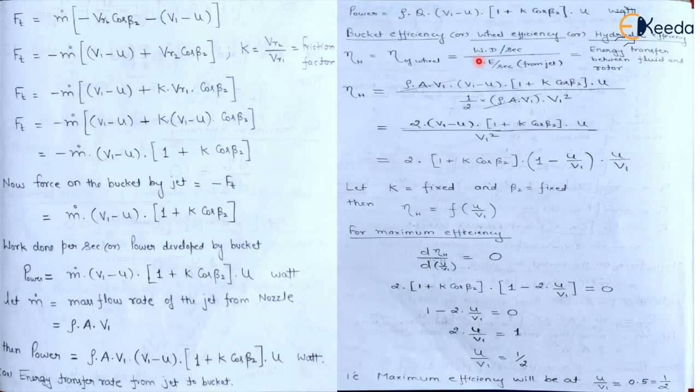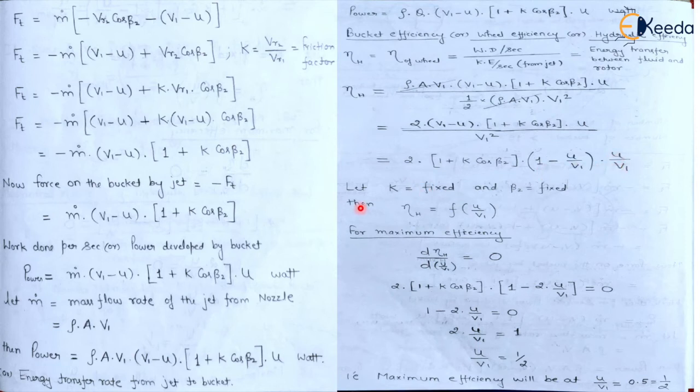Work done per second we got as rho a v1 into (v1 minus u) into (1 plus k cos beta 2) into u. What is the kinetic energy? Half m v square, so half into rho a v1 into v1 square. So rho a v1 will cancel out, and we will get the hydraulic efficiency as 2 into (1 plus k cos beta 2) into (1 minus u by v1) into u by v1.